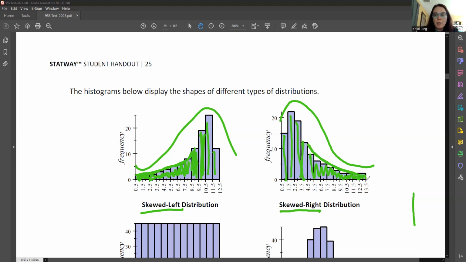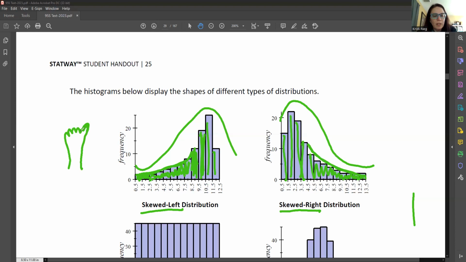But I always get these backwards. A very easy way to remember which is which is to take off your shoes, take off your socks, and put your foot right there on the paper. When you look at this skewed left, this is like your left foot, because, don't laugh at my drawing, we have little toes and then a big toe. There's the tall tower, that's your big toe.